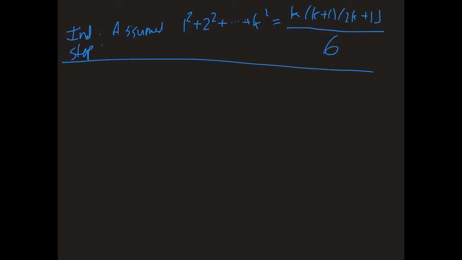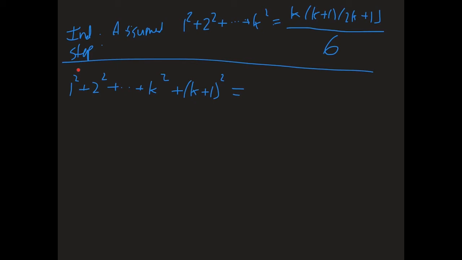So let's look at 1 squared plus 2 squared plus ... plus k squared plus k plus 1 squared. What is this? How can I manipulate this into what I want? Okay. Well, look at these first terms. We have assumed something about this. We've assumed this is equal to all of this.